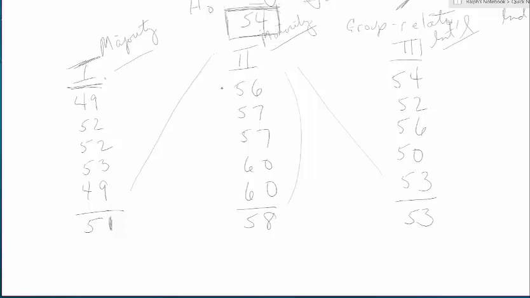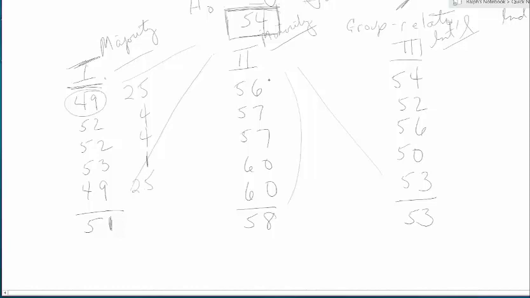As a matter of fact, let's do that. So we see this 49 is 5 units away from the 54. We'll square that 5 units. We'll get 25. The next person is 2 units away from the grand mean. Square it, get 4. Next person is 2 units, square it, get 4. Next person is 1 unit away, square it, get 1. Next person is 5 units away, square it, get 25.